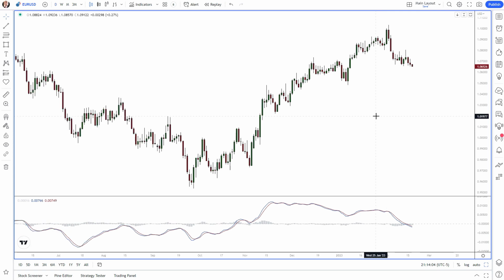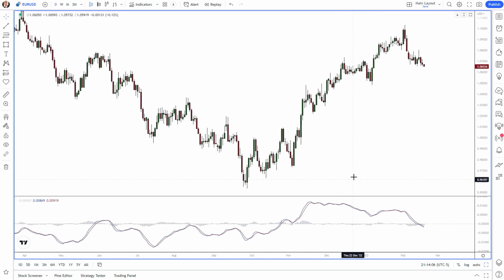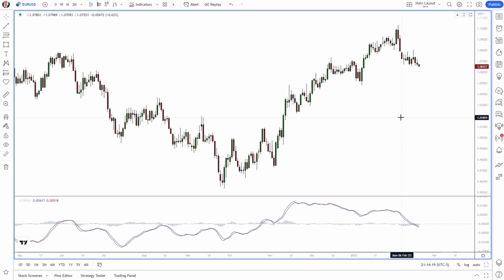So by having just one indicator, in this case the MACD, and looking only for divergences, that's it. That will help you a huge amount in your trading and your trading results. So again, simplify your trading.